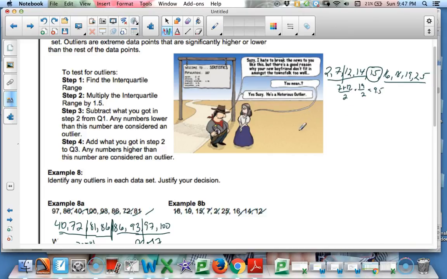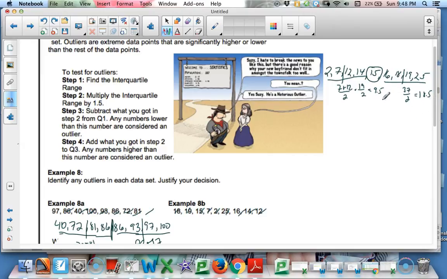Over here, the middle is going to be 18 plus 19, which is 37 divided by 2, which is 18.5. You can jump straight to that conclusion if you've started to pick up on patterns on medians. I'm looking for halfway between 18 and 19, so that's going to be 18.5.